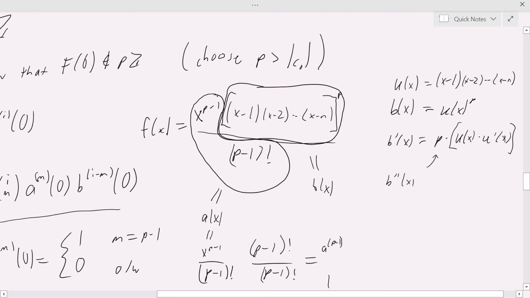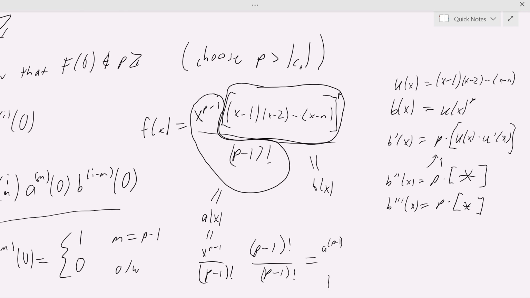So b double prime of x will be p times, again the same number p, because it's a constant out front, and then you have to differentiate u times u prime, which we don't really care what it is. It's complicated. We'll just say p times something. But again, we have this factor of p here. And similarly, for b triple prime, you'll have a factor of p times some even more complicated thing, but whatever. You're always going to have a factor of p.